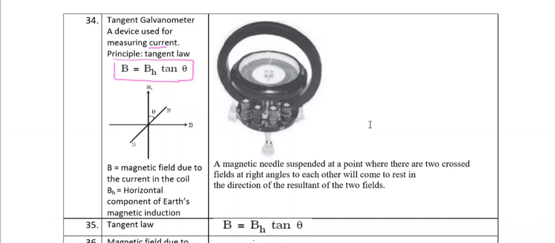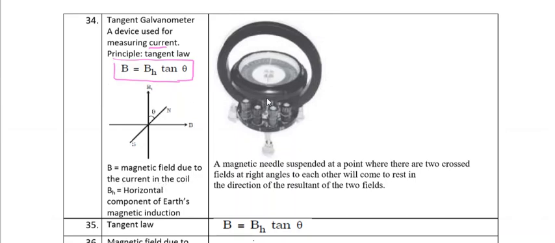One is the magnetic field B due to the current in the coil. So this is the perpendicular coil and this is the magnetic compass. You can see the pointer here and you have got the magnetic needle. So B is the magnetic field due to the current in the coil.